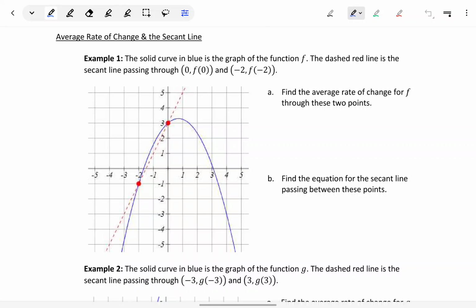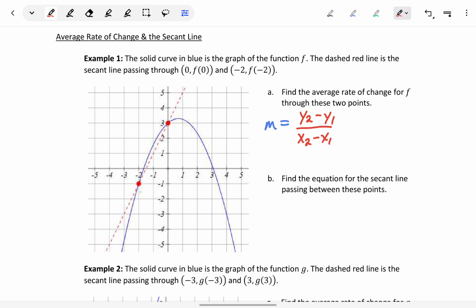In part A, that's what we're asked to do. We want to find the average rate of change for this function f, meaning we want to find the slope, m, of this line that we have. To do that, we'll take the difference of our y values divided by the difference of our x values, which we pull from those 2 points that are intersecting with our curve.